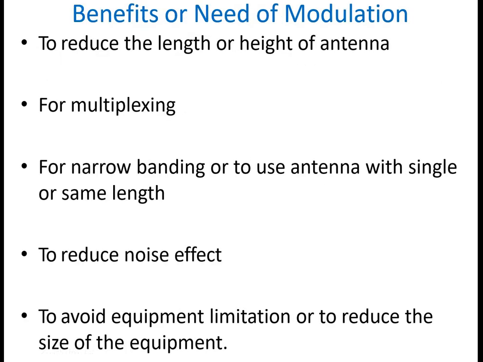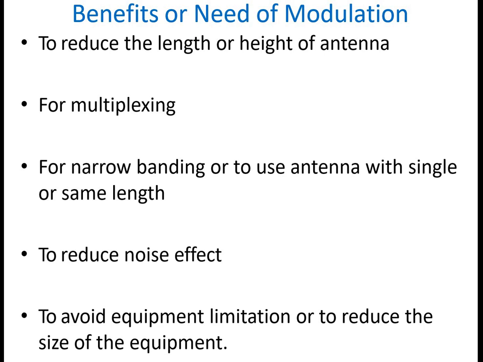Then what are the benefits or need of modulation? As we discussed the definitions of modulation earlier, now let us see the benefits involved. First benefit is to reduce the length or height of the antenna. By doing modulation, we can reduce the height or length of the antenna, and it is more flexible for transmission. Second, multiplexing is possible using modulation.